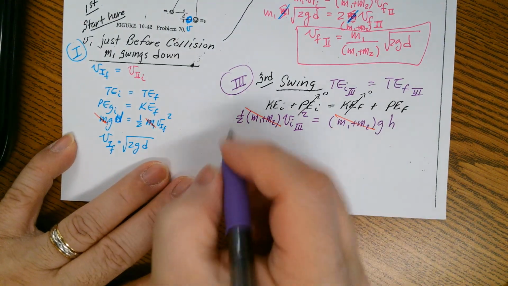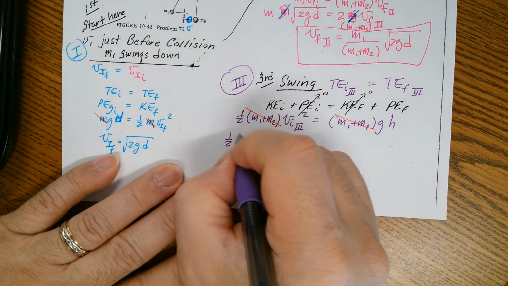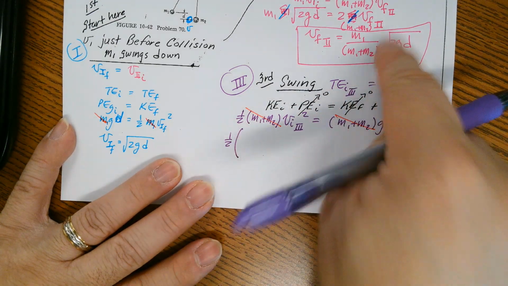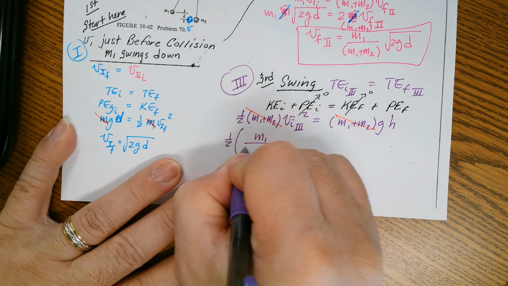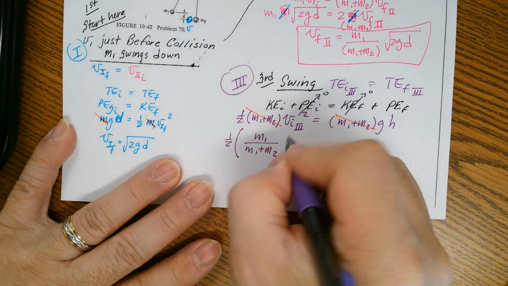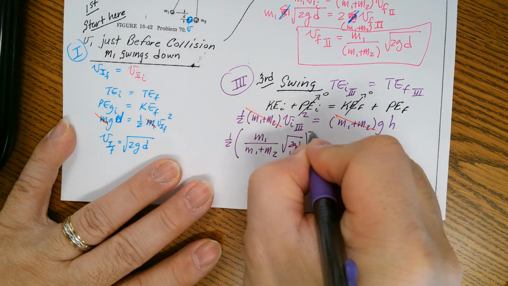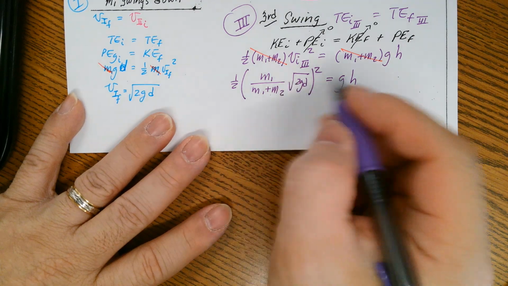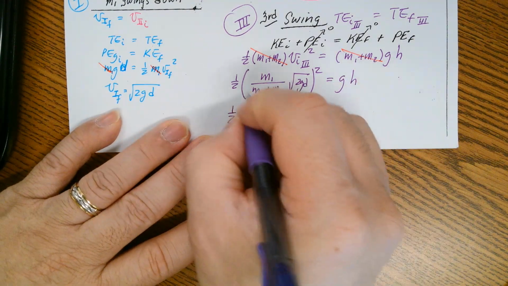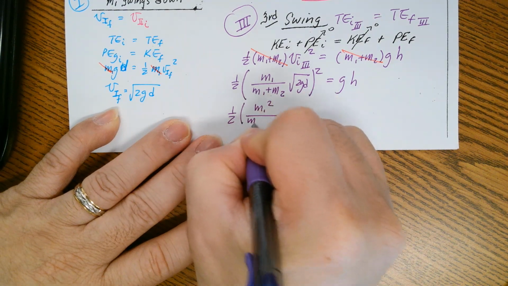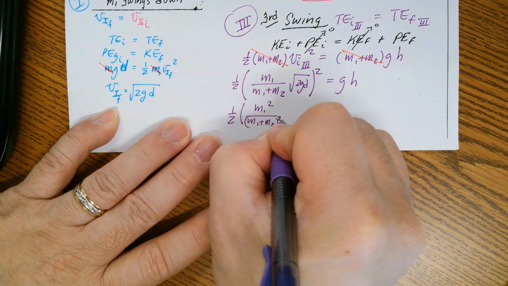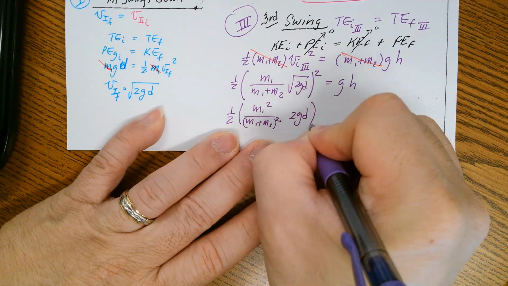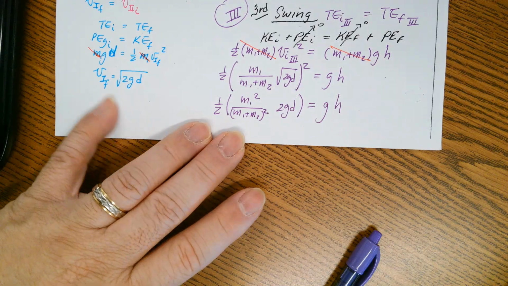So I have 1/2 times (m1 over m1 plus m2 times the square root of 2gd) quantity squared equals gh. Squaring all this, I get 1/2 times m1 squared over (m1 plus m2) quantity squared, times 2gd, equals gh. The g's cancel out, and the 2's cancel out.